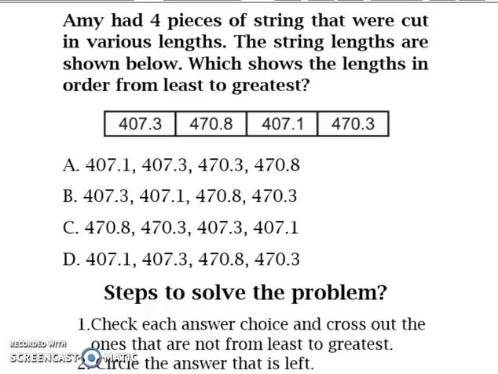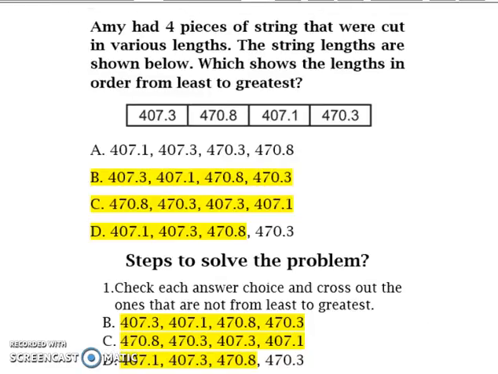The next number should be 470.3. And then our last number should be 470.8. So again, from least to greatest, it should be 407.1, 407.3, 470.3, and then 470.8.